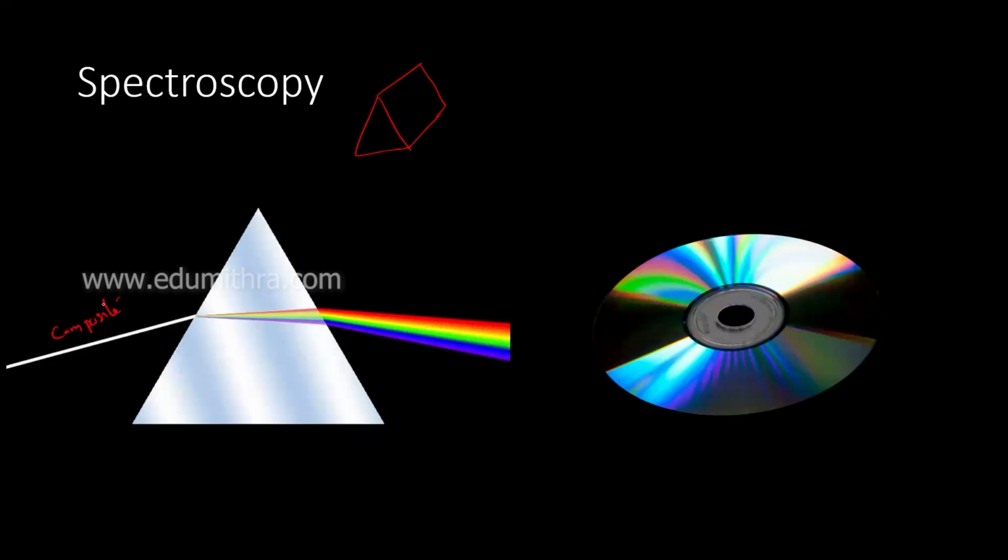It is a composition of different colors, or instead of different colors we can say different frequencies. Color is actually different frequencies as well. Red has a special frequency, and each color has its own frequency.